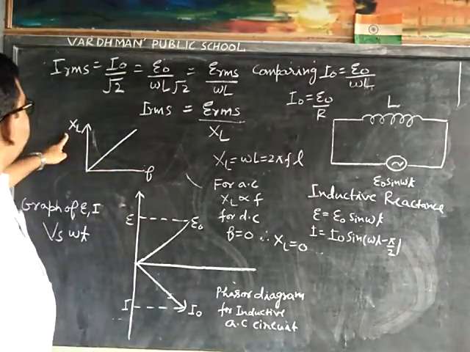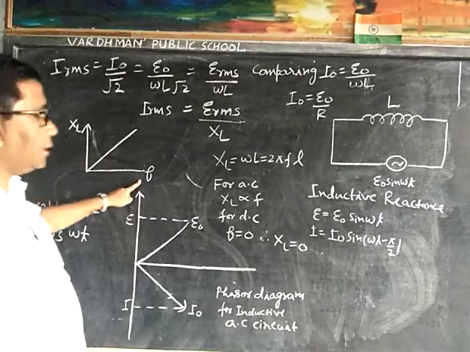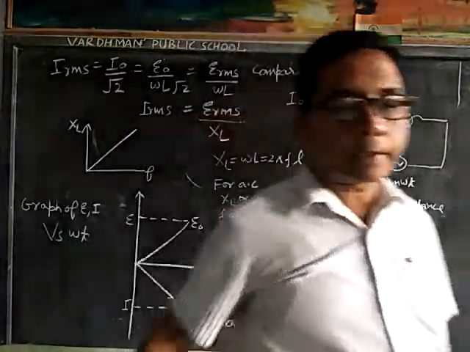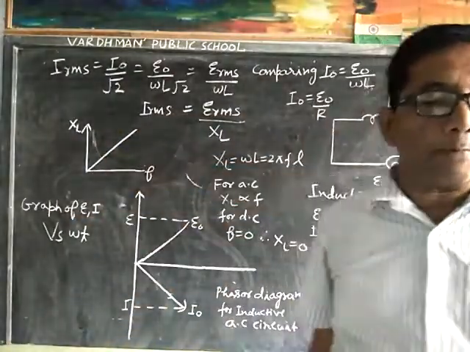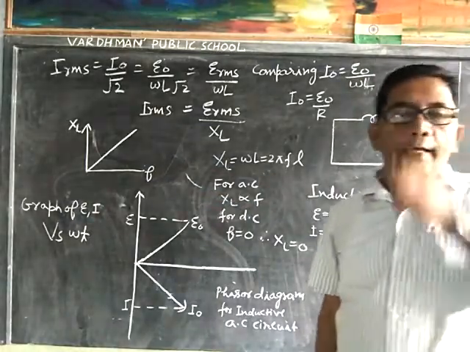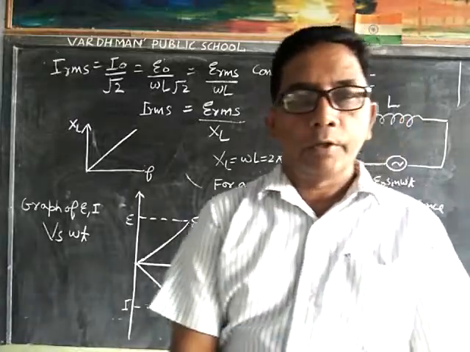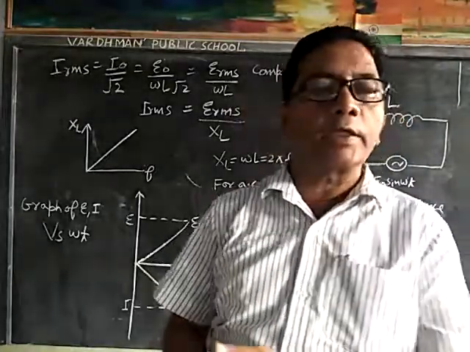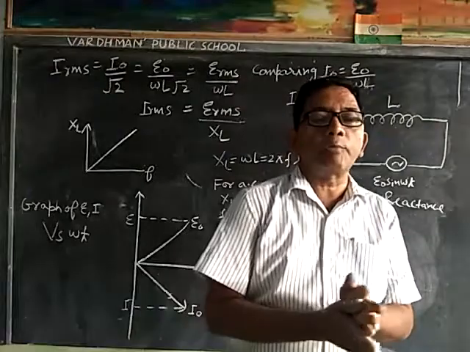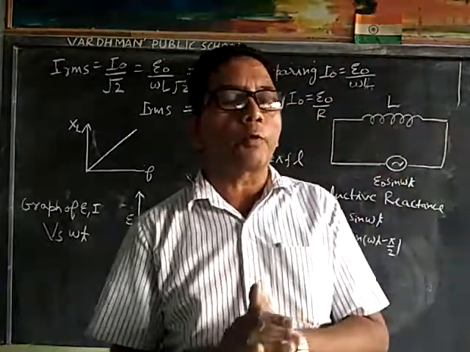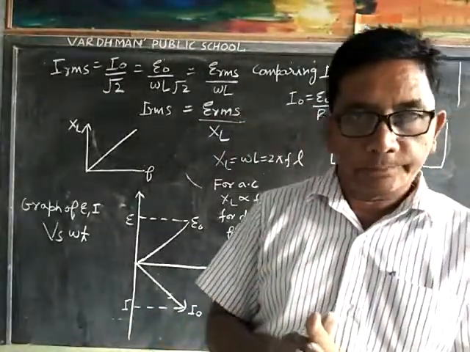The graph of XL versus F is a straight line. As F increases, XL also increases. Now again, what is inductive reactance? The opposition offered by the inductor to the flow of AC through it. Thank you.